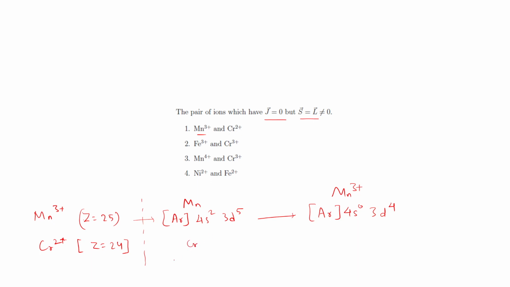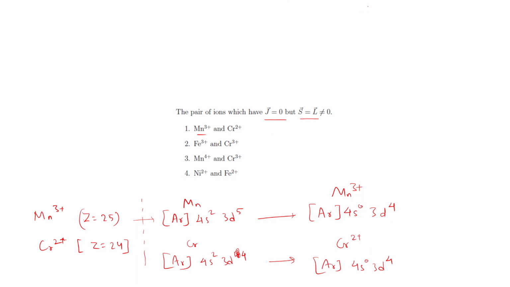Chromium has electronic configuration 4s2 3d4, and for chromium 2 plus we have to remove 2 electrons. So it is argon 4s0 3d4. Okay, so both of these have d4 filling.